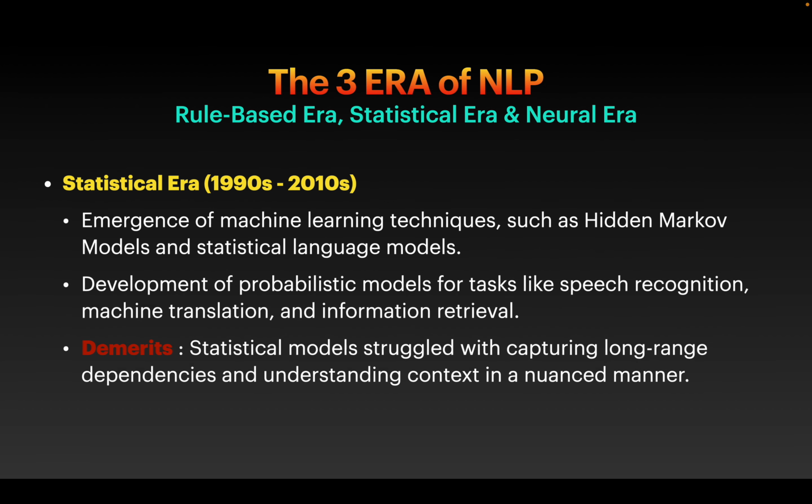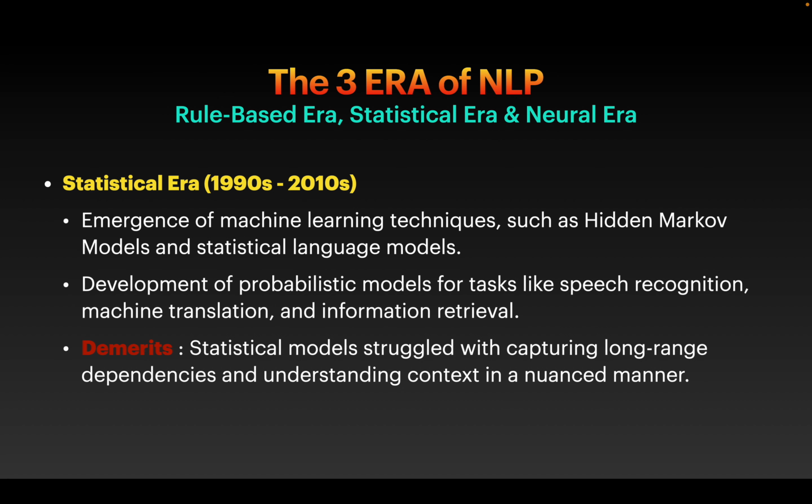Then we come to the second type of era, which we call the statistical era. This is really interesting, because if you come from a data science or machine learning background, you know how statistics and machine learning algorithms like naive Bayes were used. We call it the statistics era.